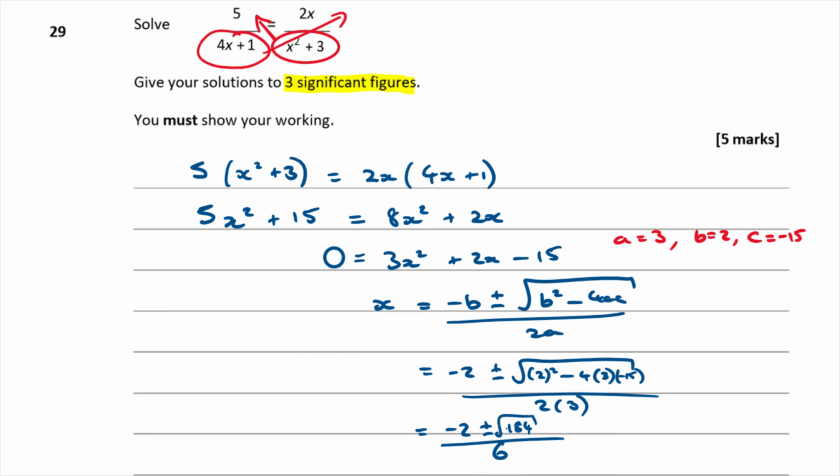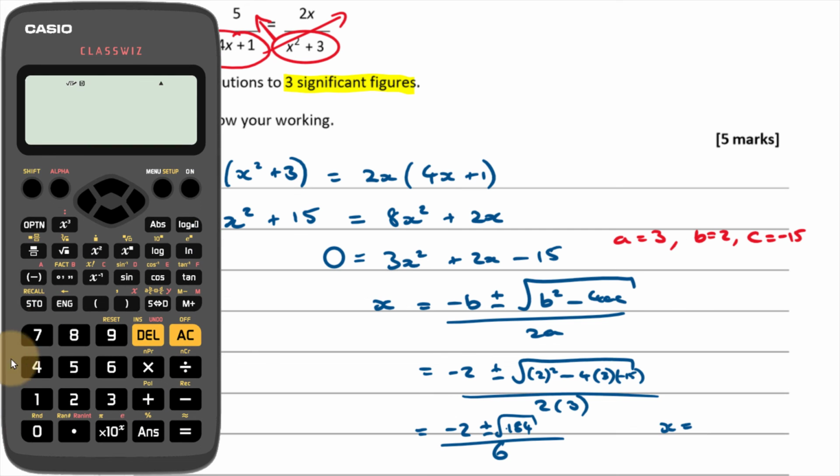So let's type that into the calculator: negative 2 plus the root of 184, all divided by 6. I make that 1.927, which is 1.93 to 3 significant figures.